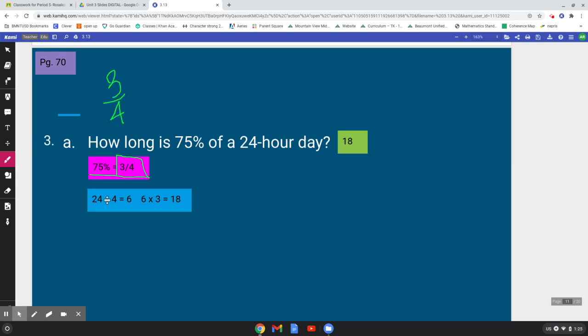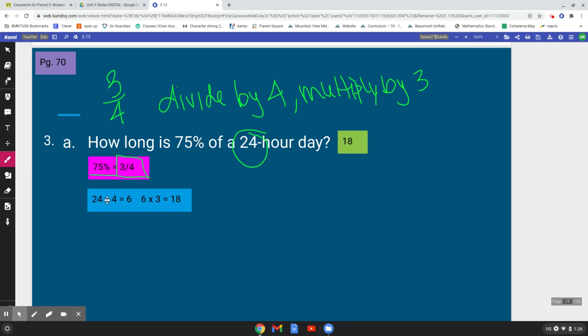So the trick is you divide by 4, and then you multiply by 3. So 24 divided by the 4 is 6. And then 6 times the top, which is 3, is 18. So your answer will be 18.